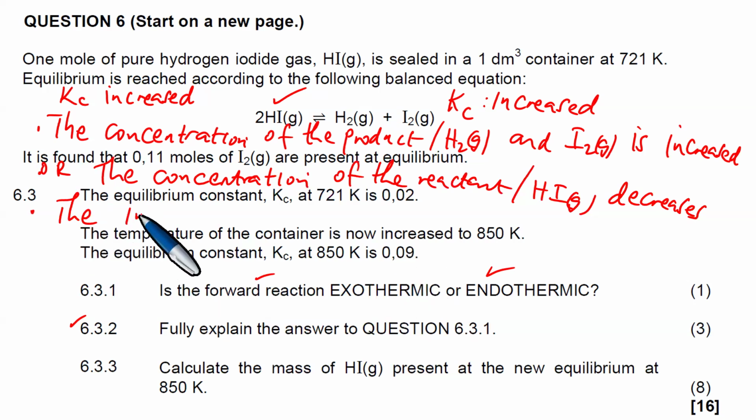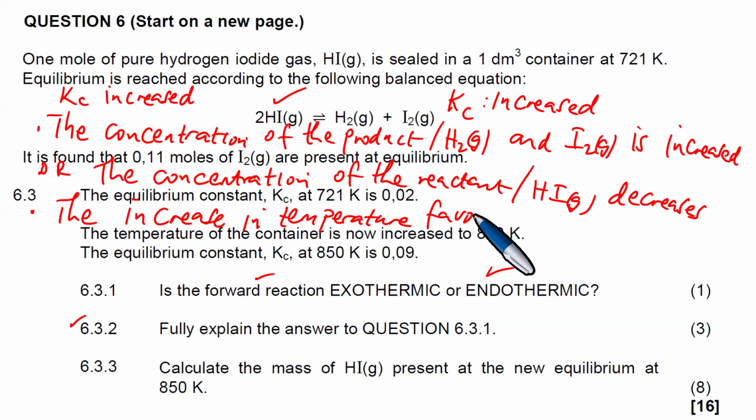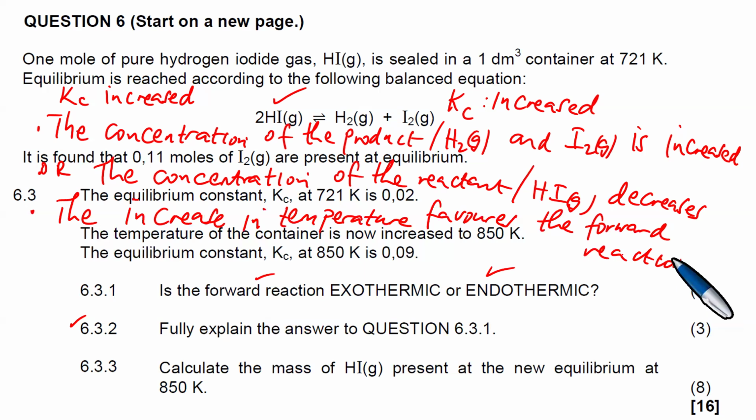So the increase in temperature favors the forward reaction. Why? Because the Kc increases.